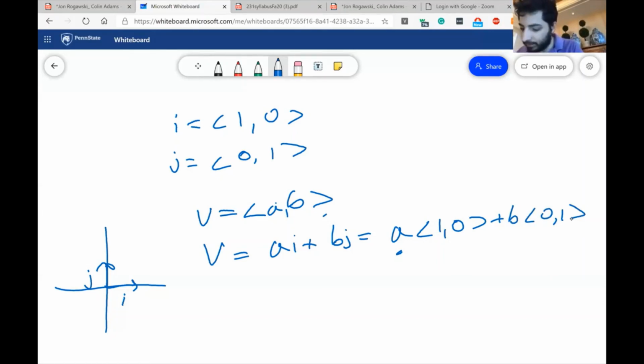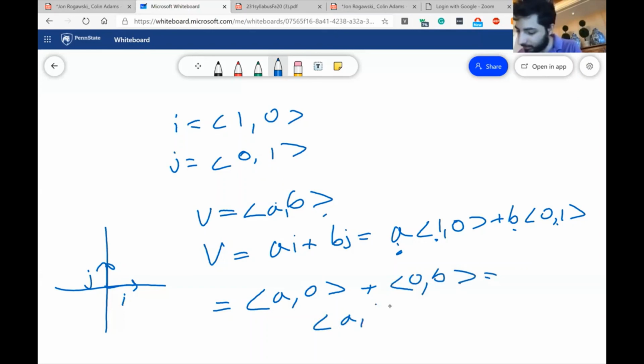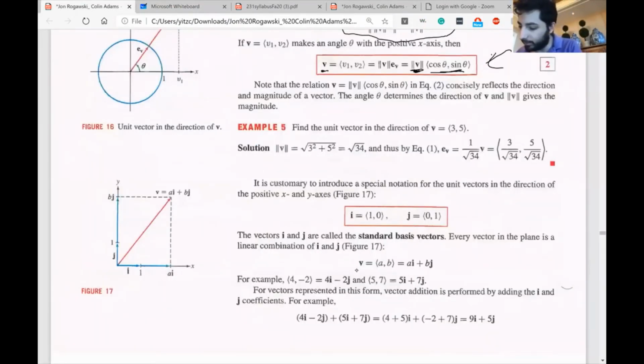And then this over here is going to be equal to my AB. So if I put my A in here, and if I put my B in here, that's going to give me A, 0 plus 0, B, which is equal to AB. So this is just another way to write what V is.